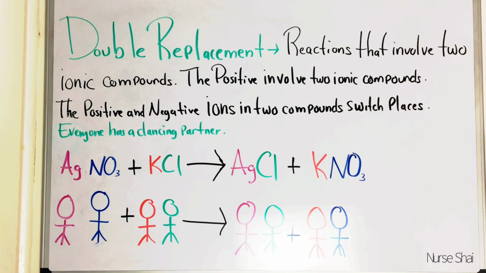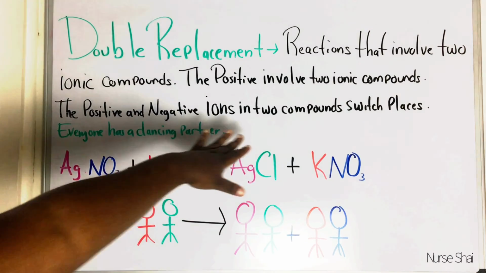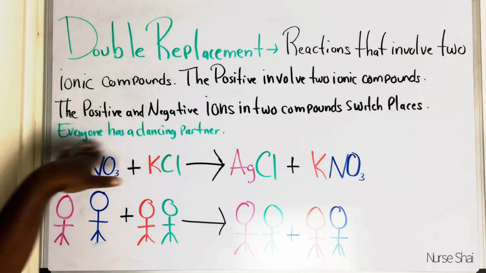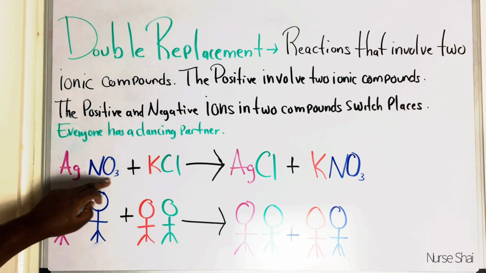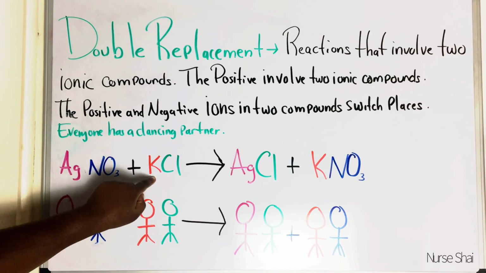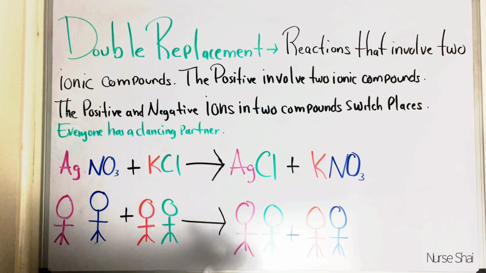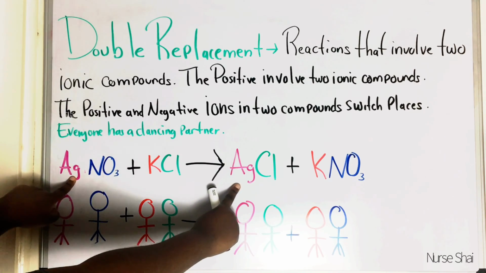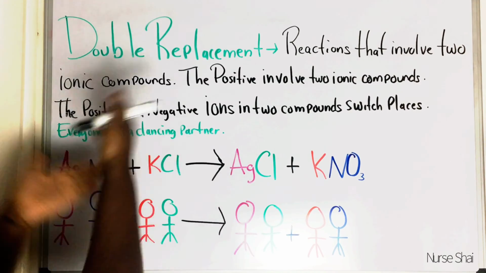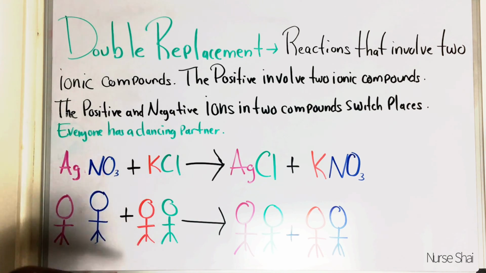Okay, so double replacements are reactions that involve 2 ionic compounds. The positive and negative ions in the 2 compounds switch places. Everyone has a dancing partner, essentially. So we have silver with nitrogen and oxygen plus potassium and chlorine, and then that gives us, you see how these 2 switch partners? That's pretty much what a double replacement is, unlike single replacement where it would leave one of the reagents by itself.